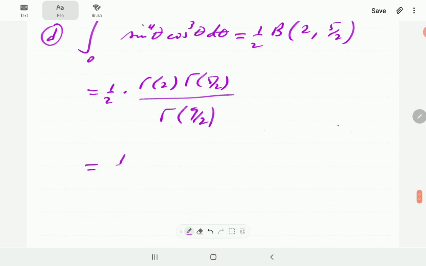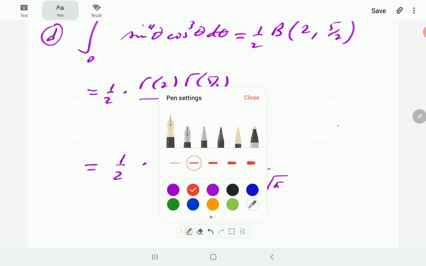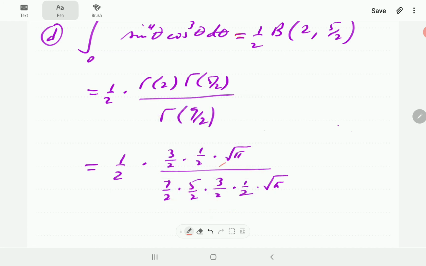Then gamma function of 2 is just 1 factorial. Gamma function of 5 on 2 is going to be 3 halves times 1/2 times gamma function of half. This one is going to be 7 halves times 5 halves times 3 halves times 1/2 times gamma function of 1/2, which is going to be square root pi. So that's going to cancel out.